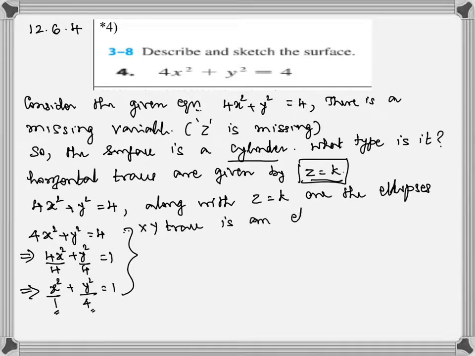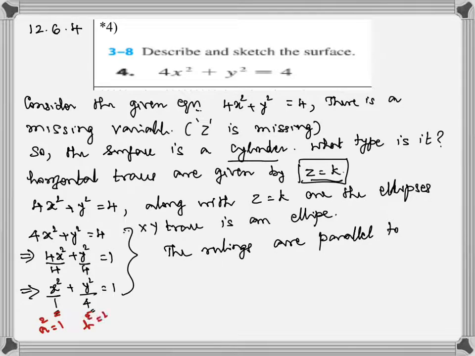So the trace parallel to the xy plane is an ellipse. The rulings are parallel to the axis of the missing variable, which is the z-axis.